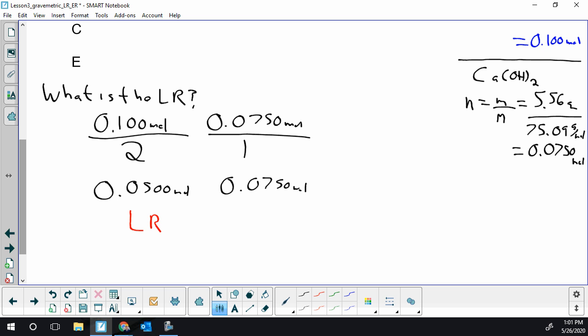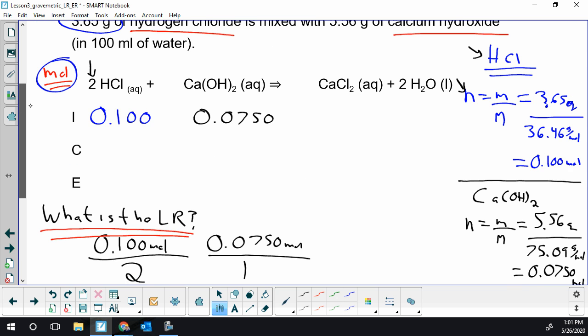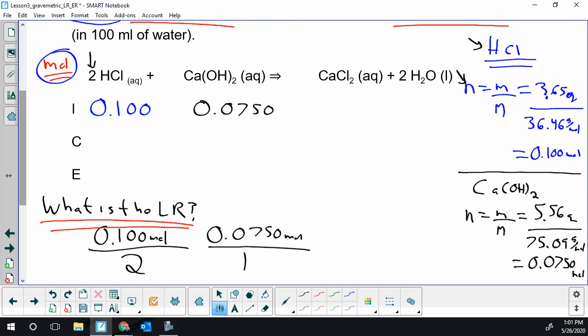Okay. Again, now we don't use any of these numbers in what is the limiting reagent. Don't use any of those numbers, but they tell you which one's going to run out first. So the fact that HCl reacts twice as fast, there isn't enough with it reacting twice as fast to use up all the calcium hydroxide.